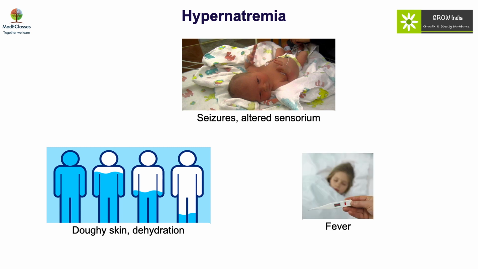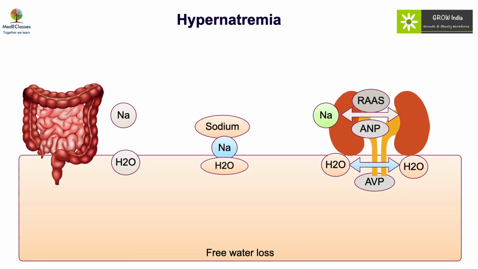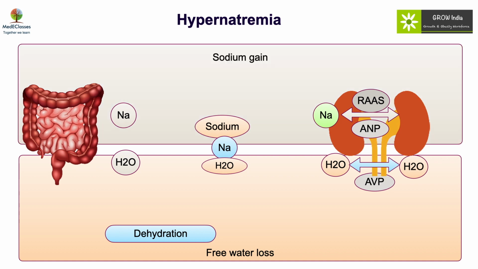There could be fever as an important manifestation. Hypernatremia can be because of free water loss, which is associated with dehydration, or it can be because of a sodium gain causing fluid overload. As we have discussed, free water problems are major causes of sodium abnormalities that are encountered in clinical practice. So hyponatremia is more common because of fluid overload.